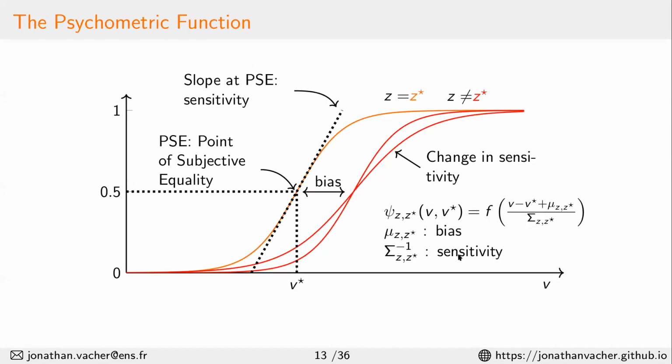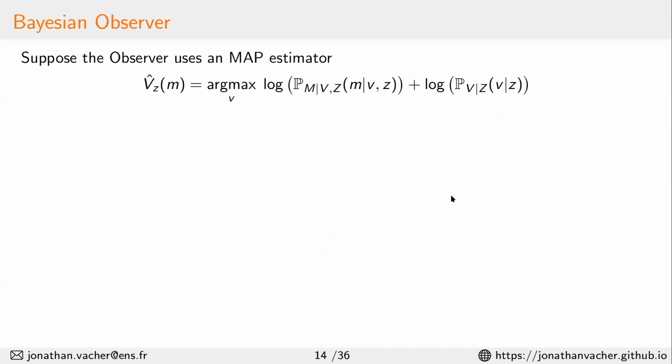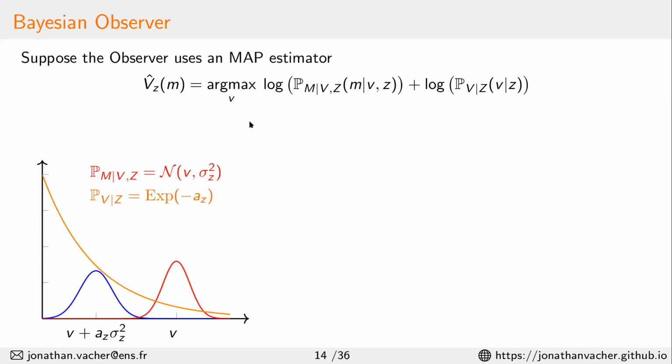And so we can recover this function using a Bayesian approach. We will suppose that the observer uses a maximum a posteriori estimator. So you just maximize a combination of the sum of the log likelihood and the sum of the log prior here. And what it means is that when you combine a likelihood with a prior, which is the exponential decreasing function here, your posterior will be attracted by the prior.